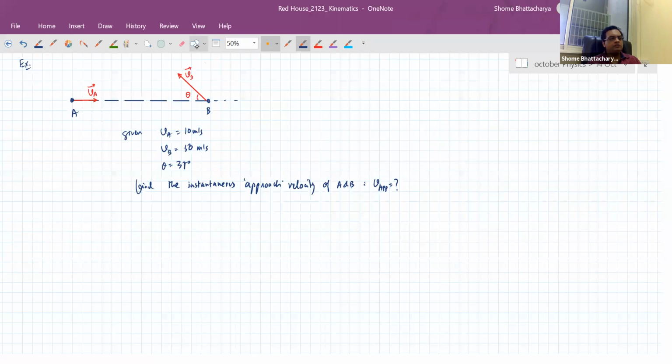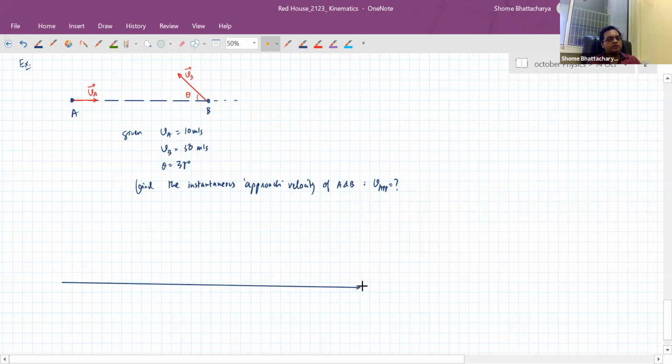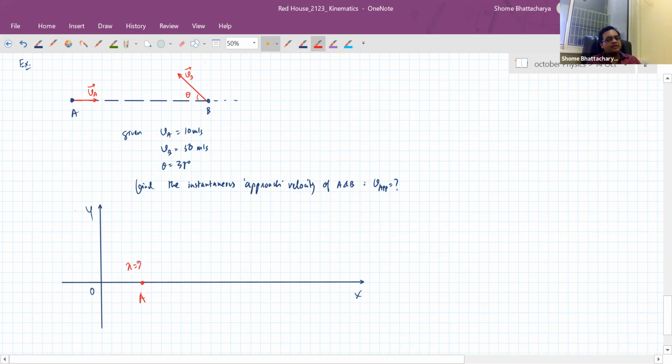Okay. So one way we can demonstrate how this concept will work in this question is that suppose I just arbitrarily take this as my x-axis and this as my y-axis. At the given instant in the above diagram, I've taken the x and y axes such that A is lying here at some coordinate, let's say x1, and B is lying over here at some coordinate x2.